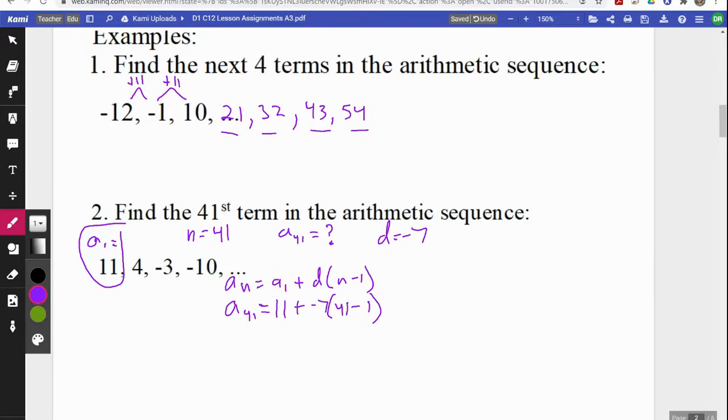Okay, so we could do order of operations just to simplify this side and get what a sub 41 is. Parentheses first, this would be 40. -7 times 40 would be -280. So this would be 11 plus -280.